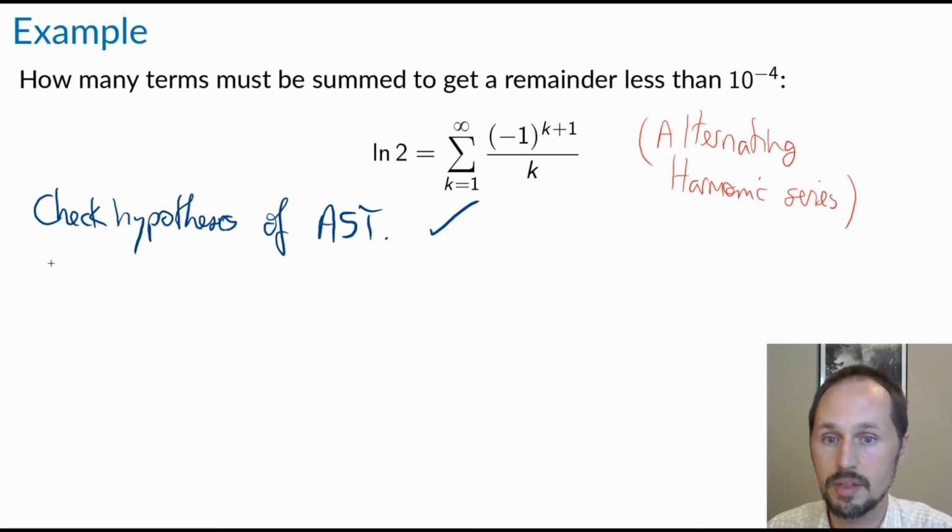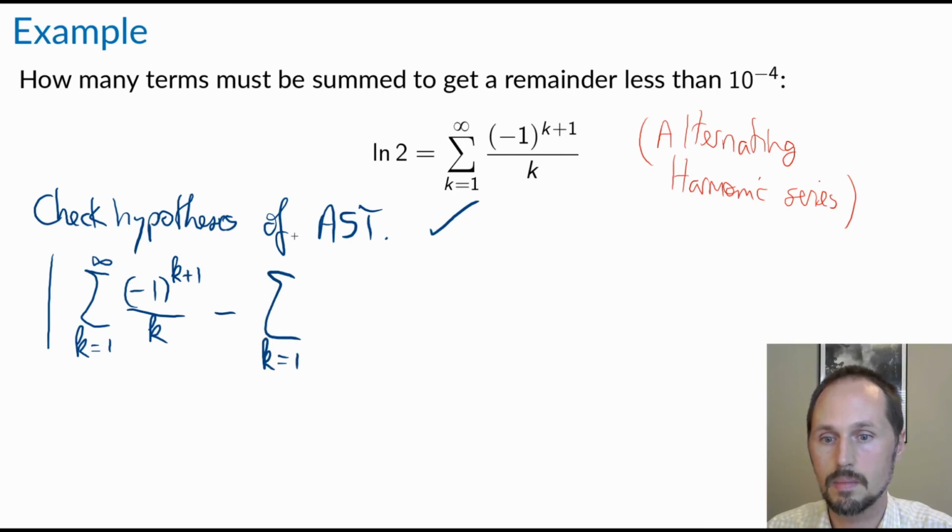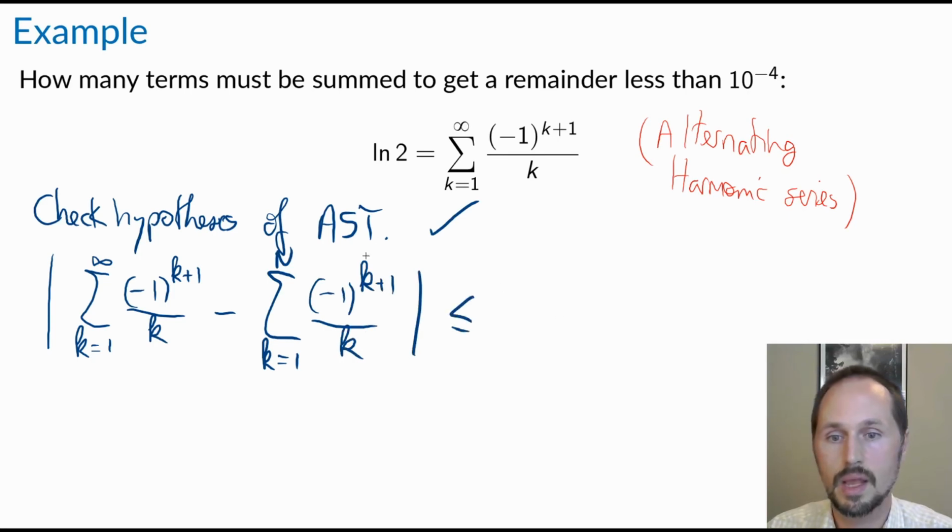So then the next thing to do is remember what our formula gave. That says that the value of our series compared to a partial sum up to some number capital N is less than or equal to the absolute value of the term at N plus 1. So it is smaller than the absolute value of the first term we've left off.